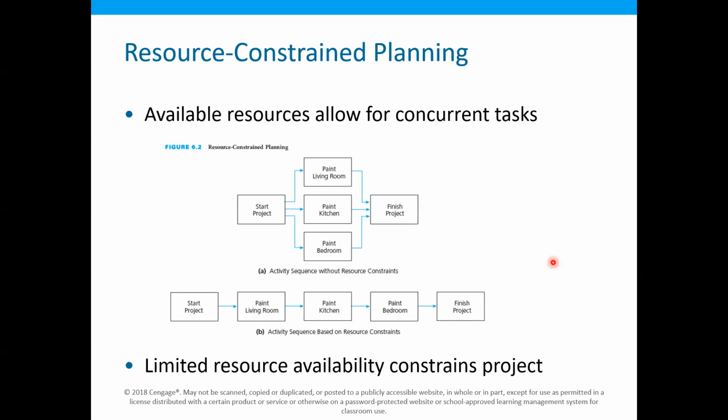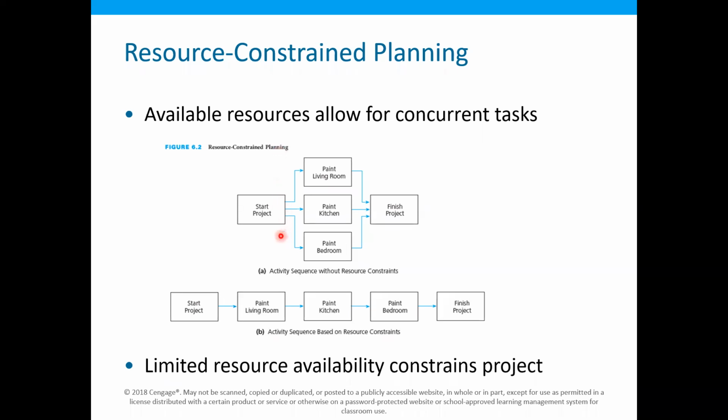Next, there are other kinds of relationships in a project which are related with resource constraint planning. In resource constraint planning, available resources allow for concurrent tasks. In those situations, we can change the sequence of the tasks based on the resources.